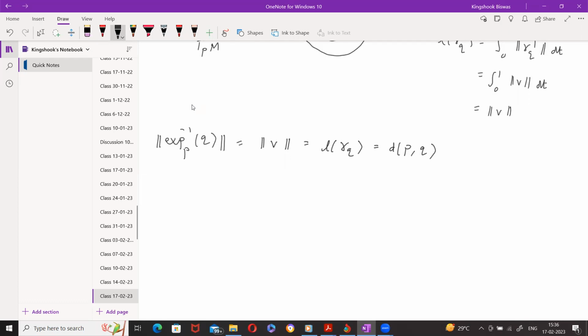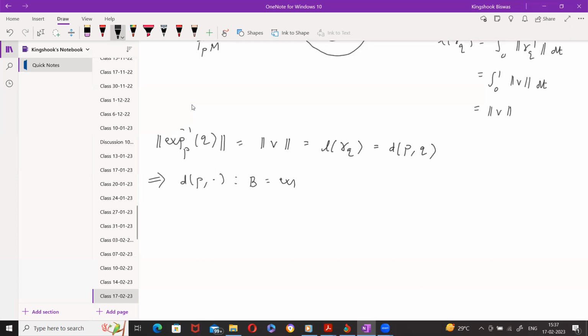So what does that mean? This X inverse is a smooth map, and this norm function is smooth outside the origin, right? So that means this distance from P to a point Q is defined on the ball B, which is the geodesic ball.